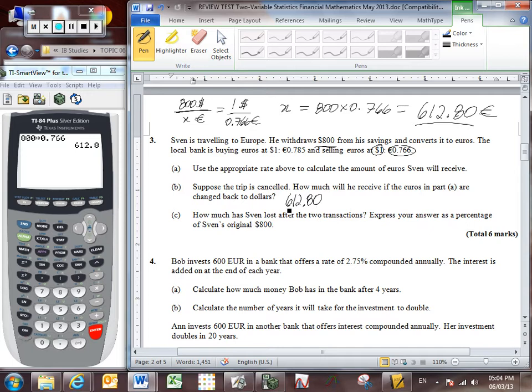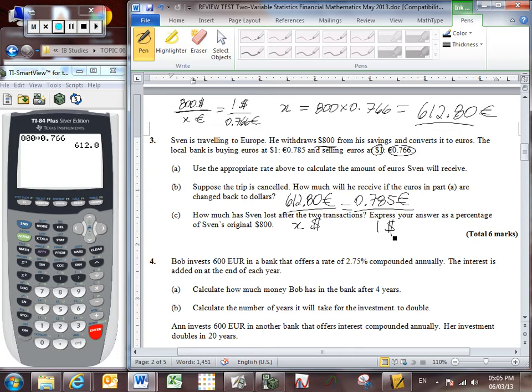is his euros. We're converting that back to dollars, and this time the bank is going to be buying his euros back. And so we're going to be using the buy rate of 0.785 euros over $1.